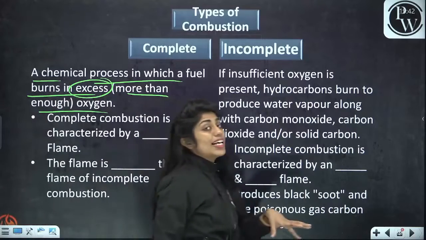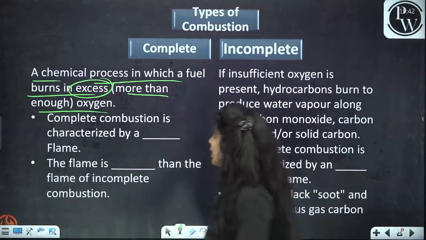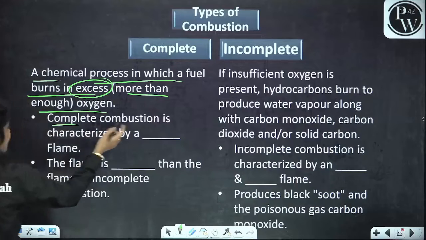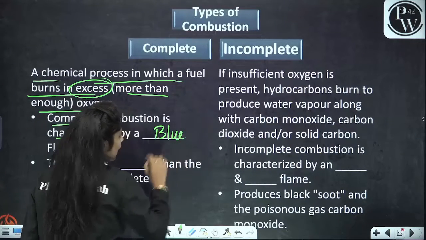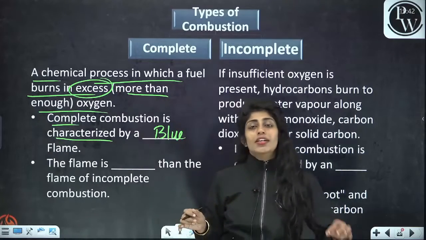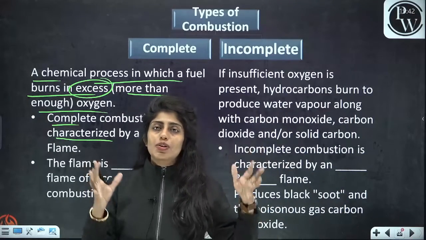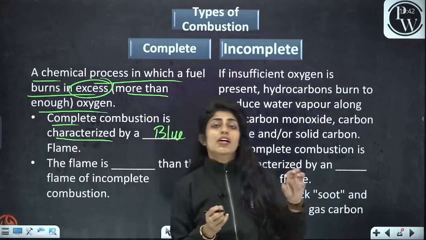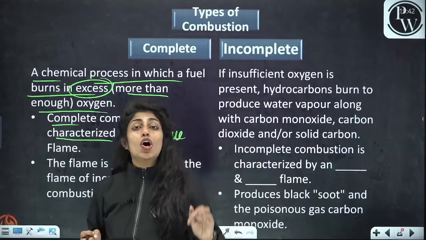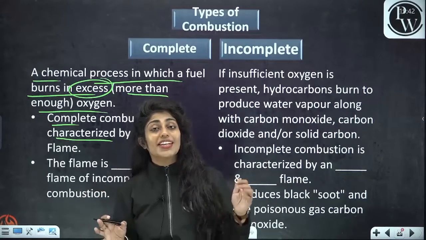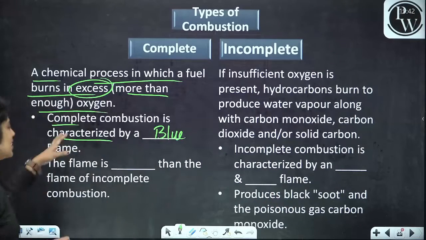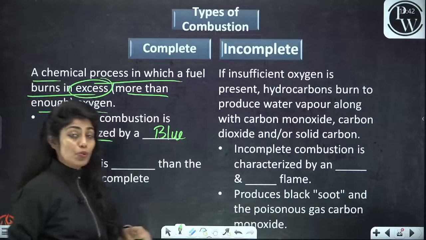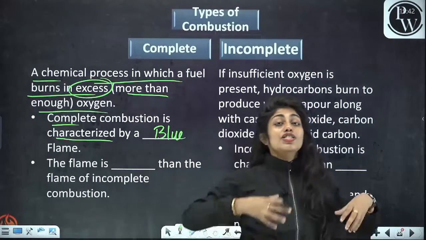It is characterized by a blue flame. Have you ever seen in your kitchen that sometimes the flame is orange and sometimes blue? What does that indicate? Complete combustion means the flame color will be blue, which means it is getting sufficient oxygen.